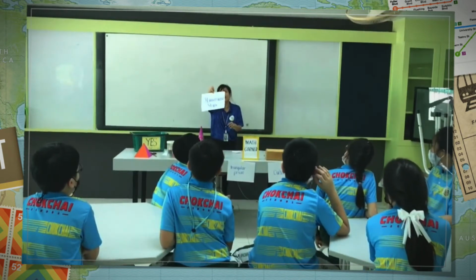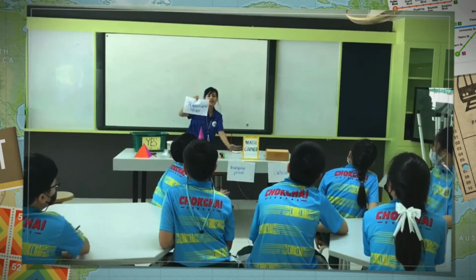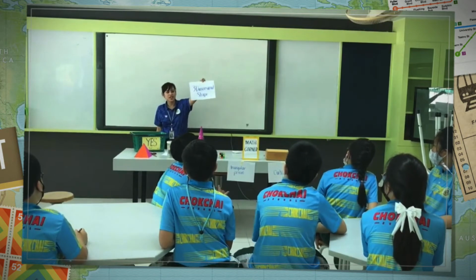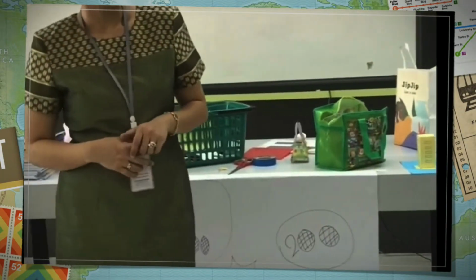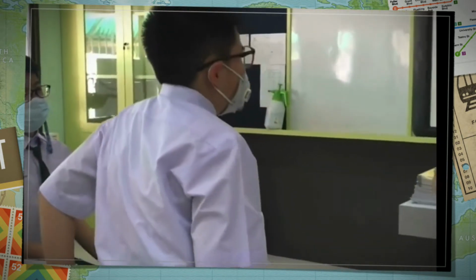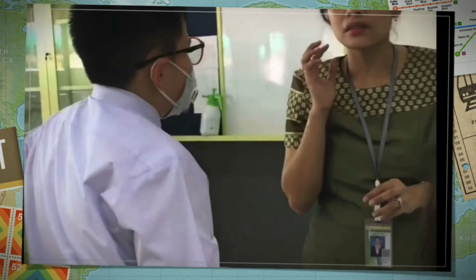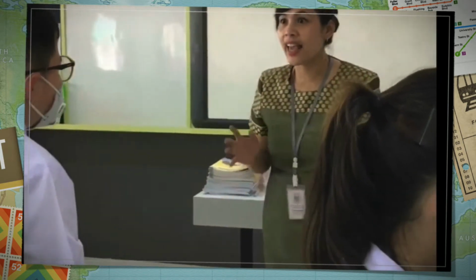Again, everybody read. Three-dimensional shape. Very good. Okay, it's a 3D shape. Any idea what it is? A shape that you can see clearly on every side.